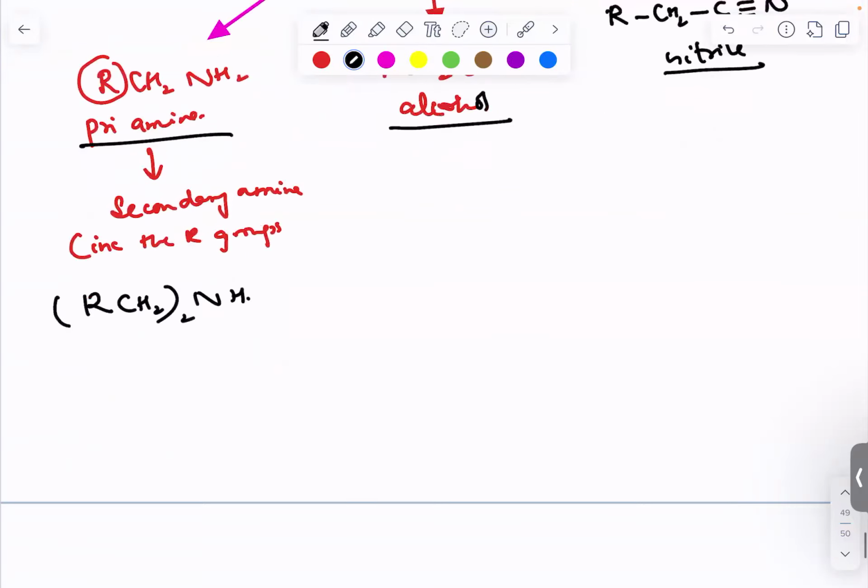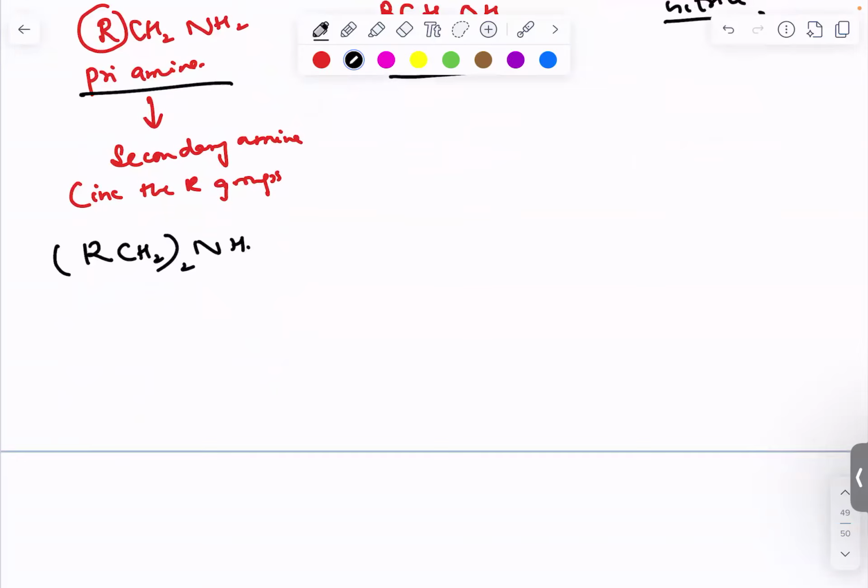So this would be secondary amine, right? Or it can be simplified. Why make it difficult? That would be R2CHNH2, like this. So this is the secondary amine, RNH, R2 and H. So you can do it like this as well, right? So this is the secondary amine which can be formed, right?